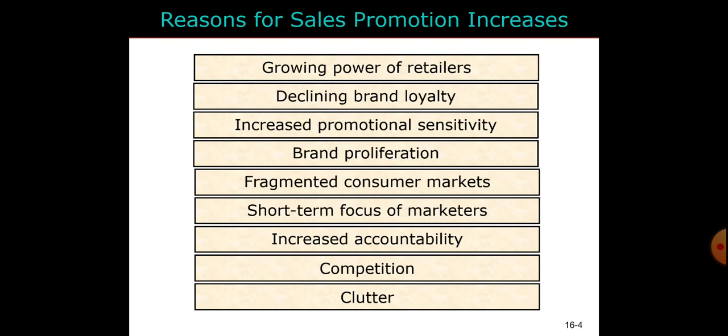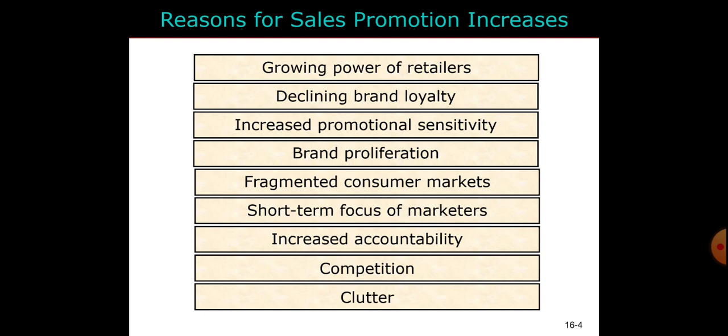So there are different types of consumer markets, and each consumer market has different needs in terms of sales promotions. Next, the short term focus of marketers. Now the marketing is only for a short period of time. The sales promotion objective is to push the sales within a very short period of time. So that is why sales promotions are increasing.